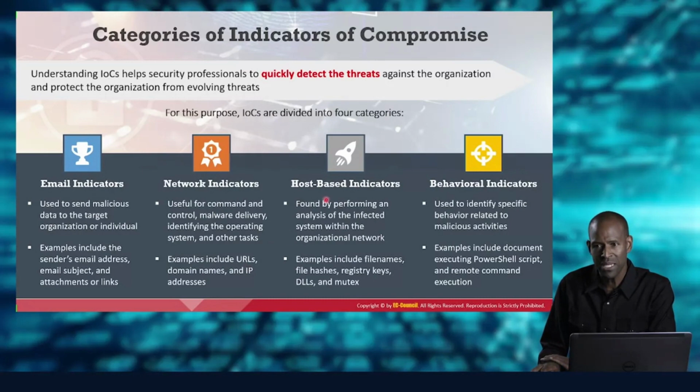I could have host-based indicators that it's infected: registry keys, mutex, DLLs, file hashes. I could take the hash of an executable that I found on an infected system and feed that hash into my endpoint protection and say, if you see this file, quarantine and/or delete, and protect my system because of the IOC that I found. I could have behavioral indicators.